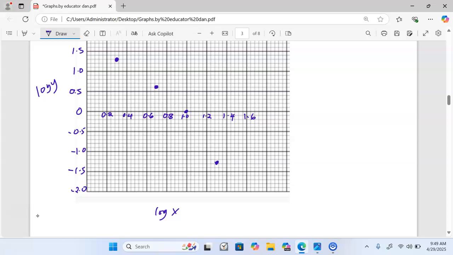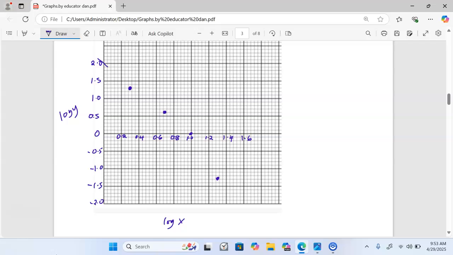Having gotten all those points, we can now connect them. We can now join all our points like this.